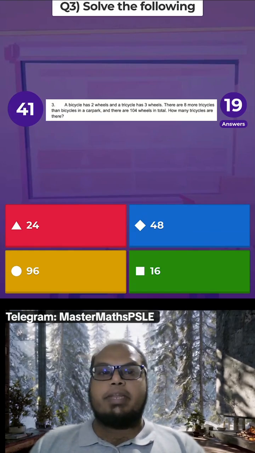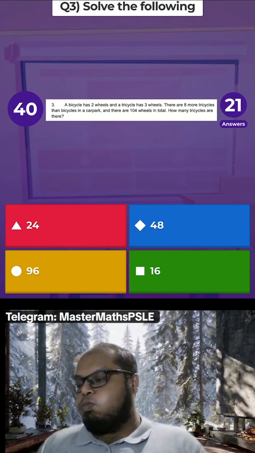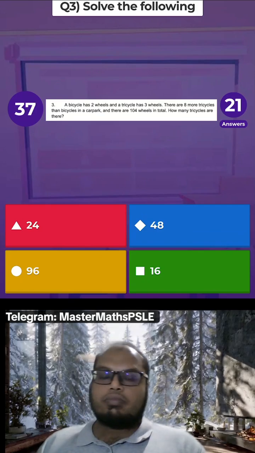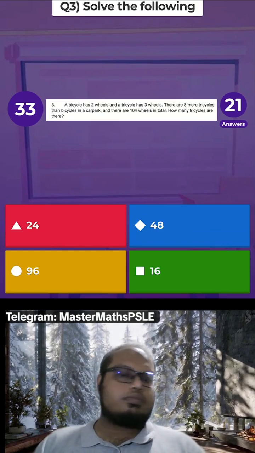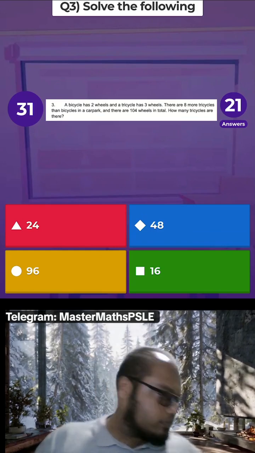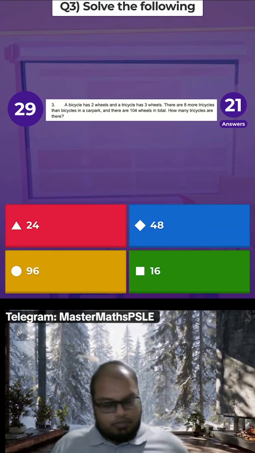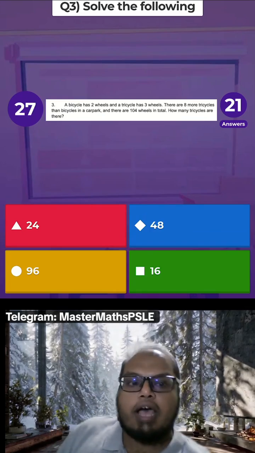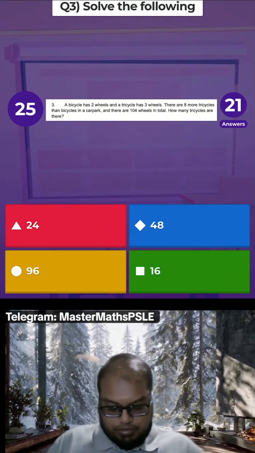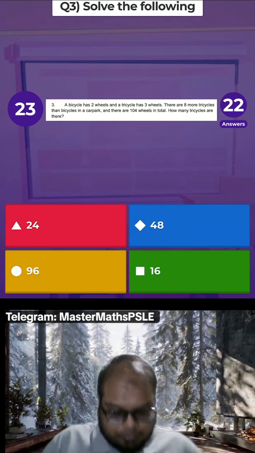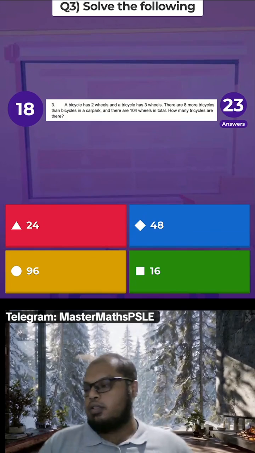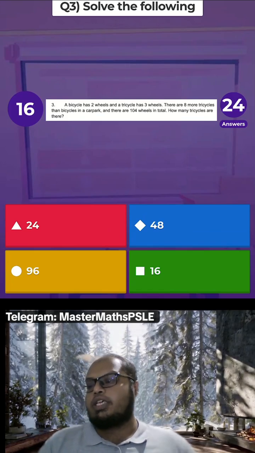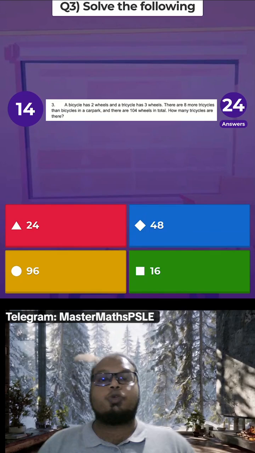Less than a minute left. About half a minute more. So the hint was, how do you make them equal?